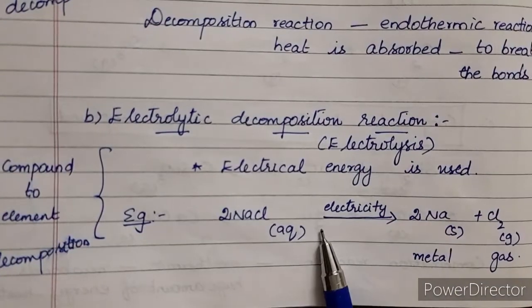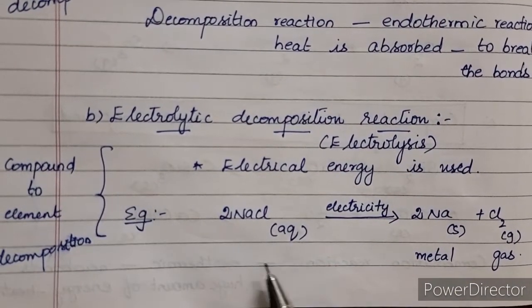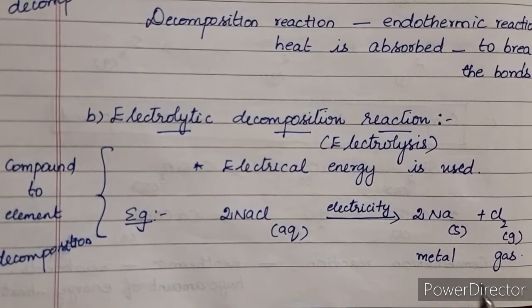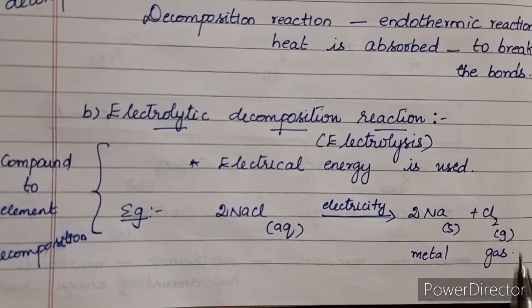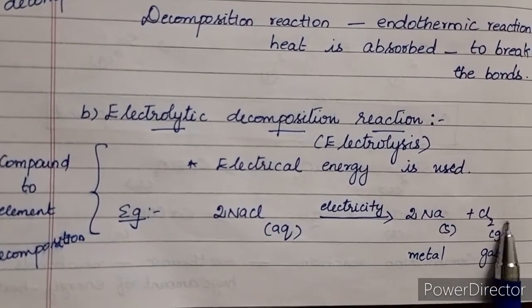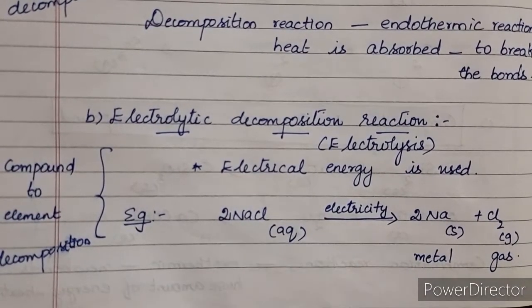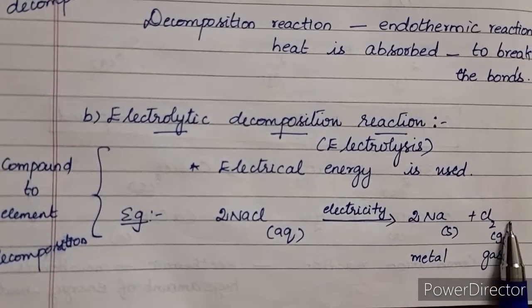Now look into the example, children. Here you have aqueous sodium chloride. When electricity is passed through the aqueous sodium chloride solution, it decomposes to metallic sodium and chlorine is liberated. Now this is the decomposition reaction. Here the compound decomposes to elements, isn't it? Sodium and chlorine are the elements.